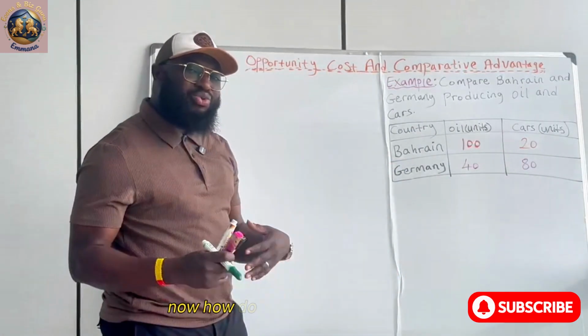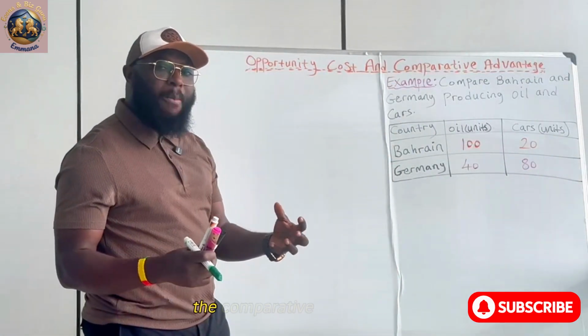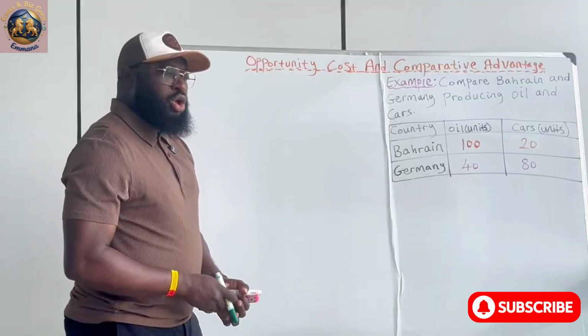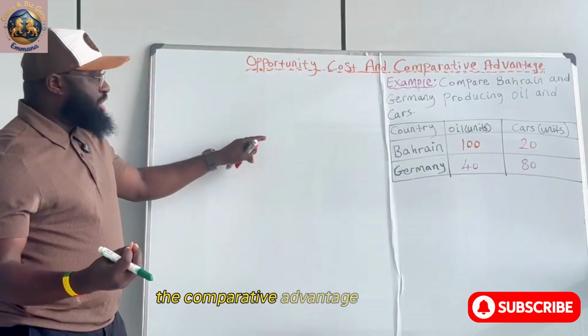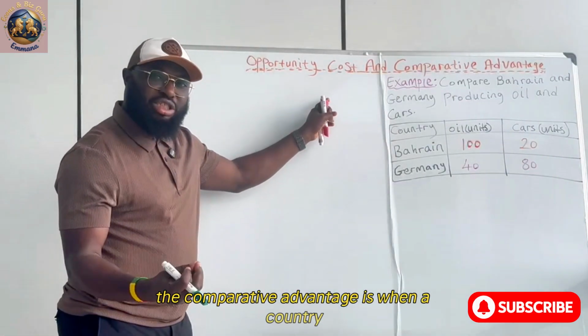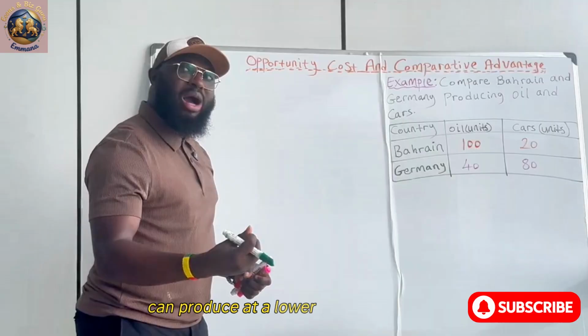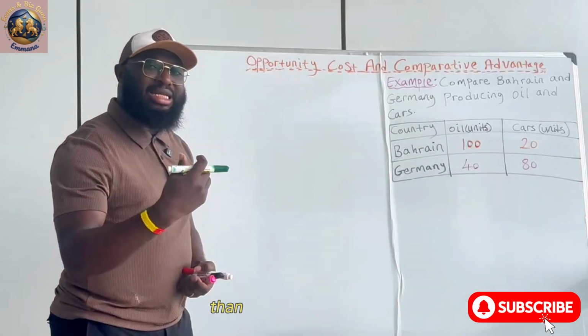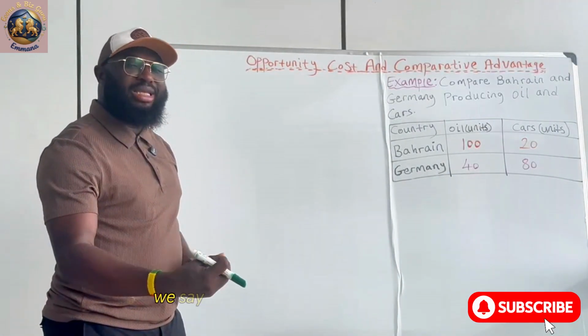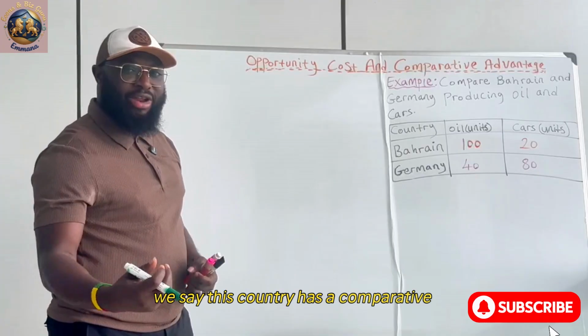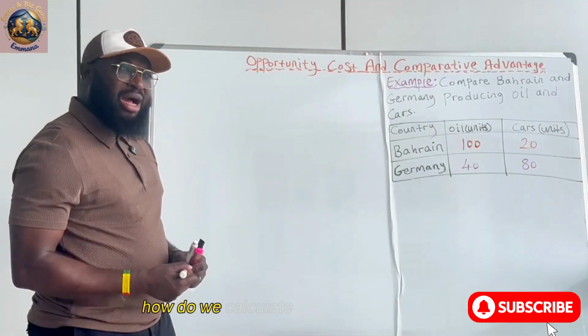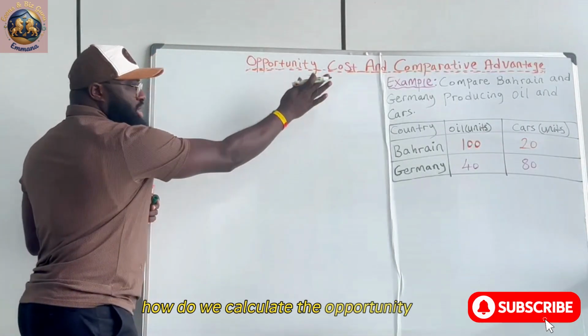Now, how do we know the comparative advantage? The comparative advantage is when a country can produce at a lower opportunity cost than its trading partner. We say this country has a comparative advantage. How do we calculate the opportunity cost?